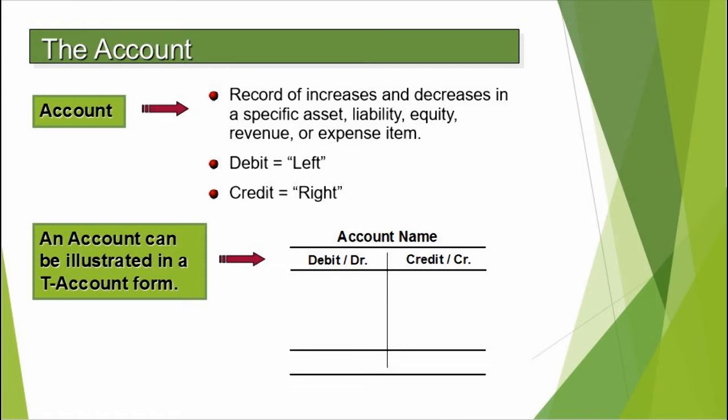Now, debits and credits. The terms debit and credit are directional signals. Debit indicates left and credit indicates right. They indicate which side of the T account a number will be recorded on.